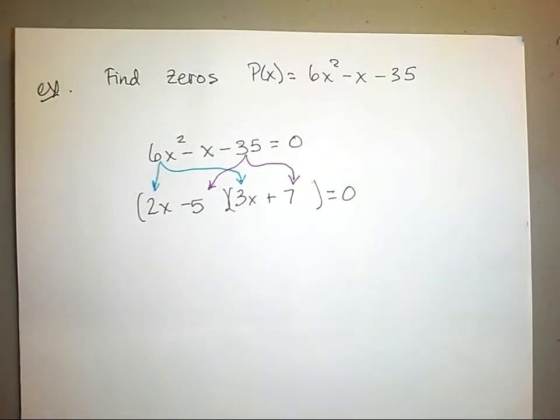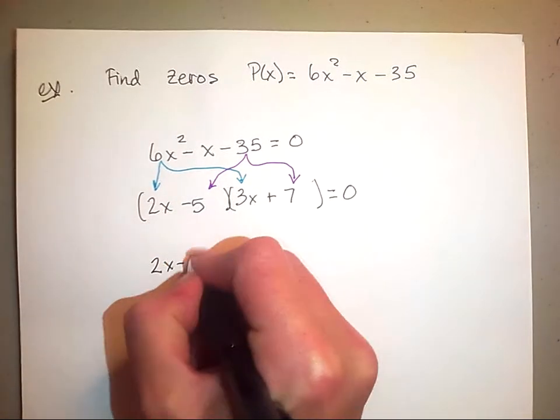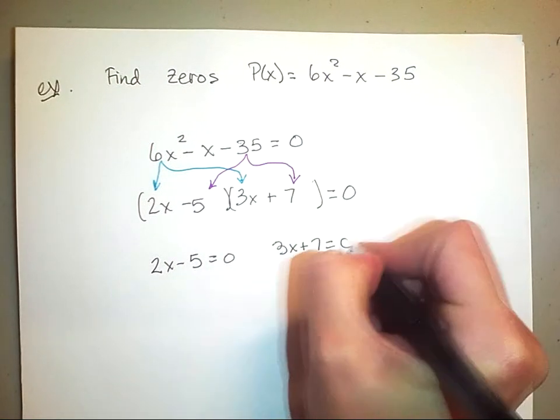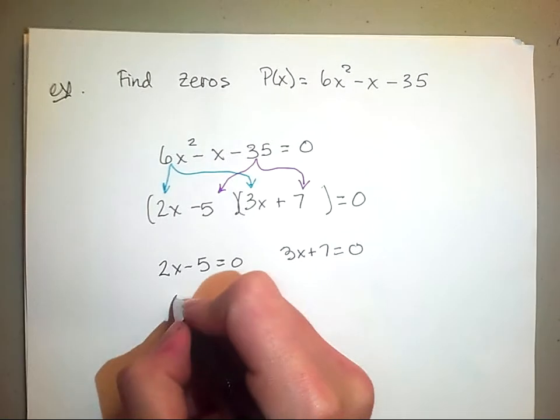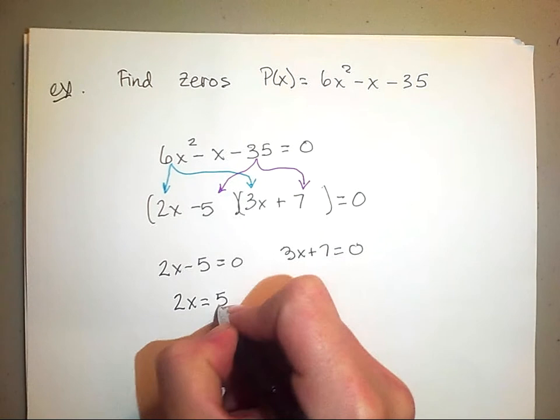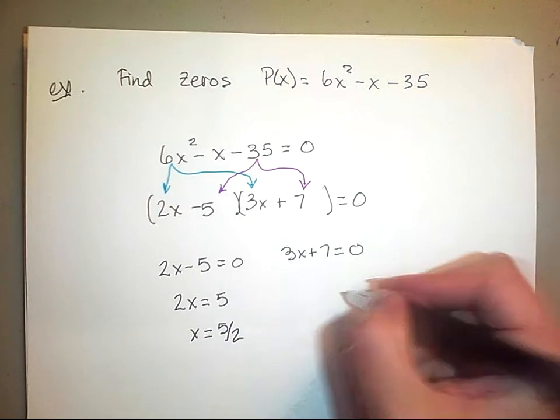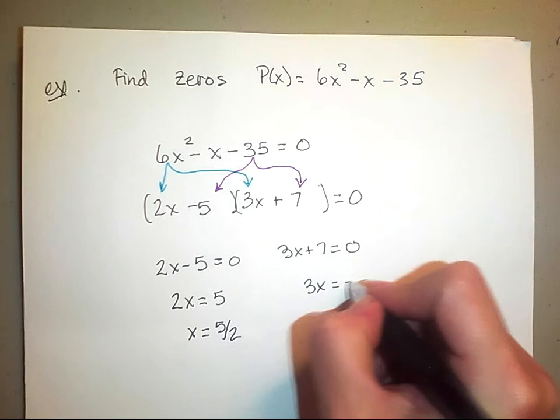So now, when I split these apart, I have 2x minus 5 equals 0, or 3x plus 7 equals 0. So it's either that 2x is equal to 5, or x is equal to 5 halves. And here we'll have 3x is equal to negative 7, so that x is equal to negative 7 thirds.